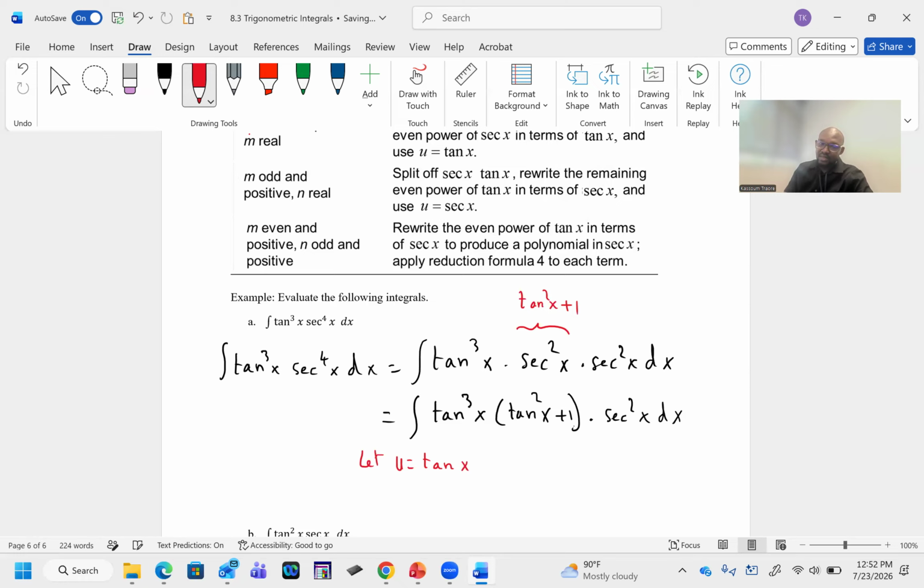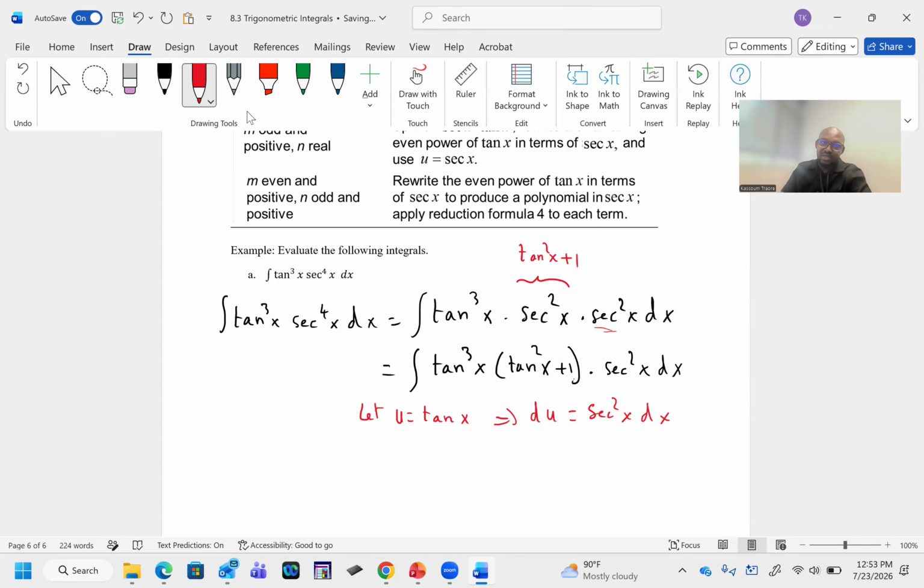That's what I did. Then my du will be secant square x dx. That's why I did not expand this one, because since the beginning I know this one will be my du. You have to anticipate your next move, most of the time when you are doing math.